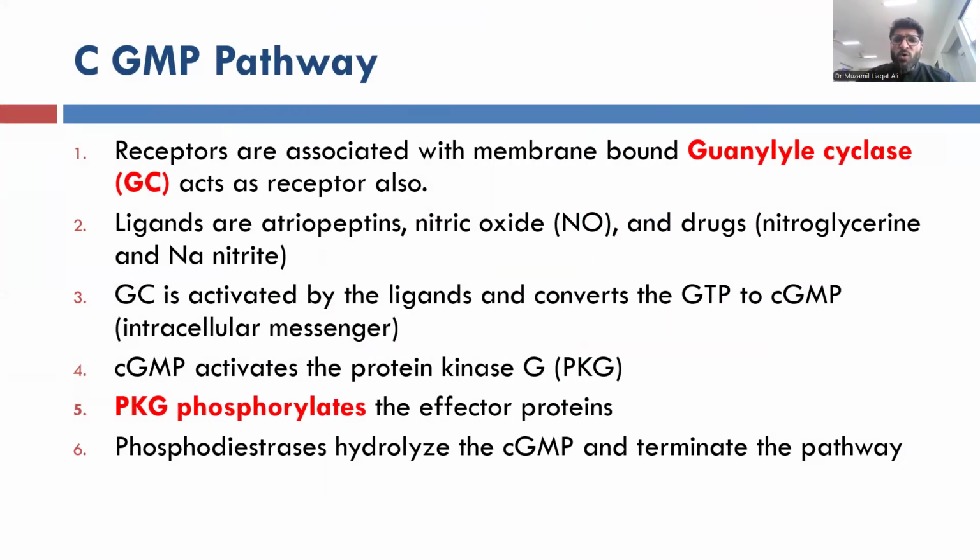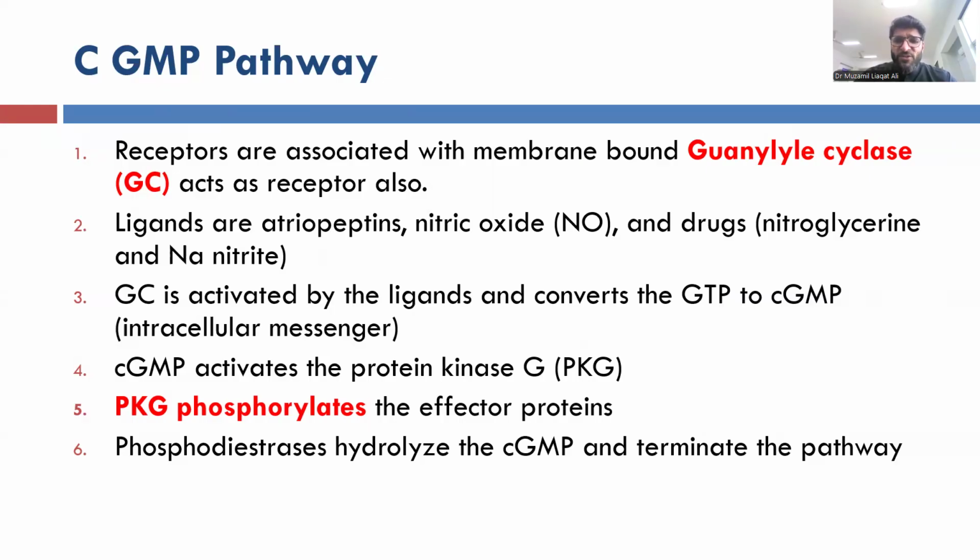So let's discuss the role of inositol triphosphate, the IP3, and diacylglycerol, the DAG, in intracellular signaling. We now enter the phospholipase C pathway, which is activated by GQ coupled receptors.